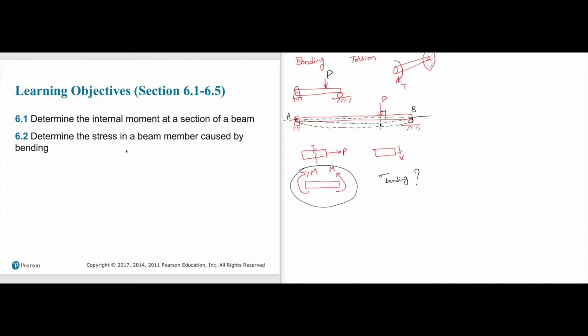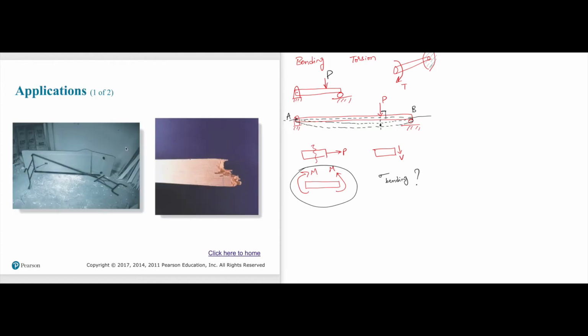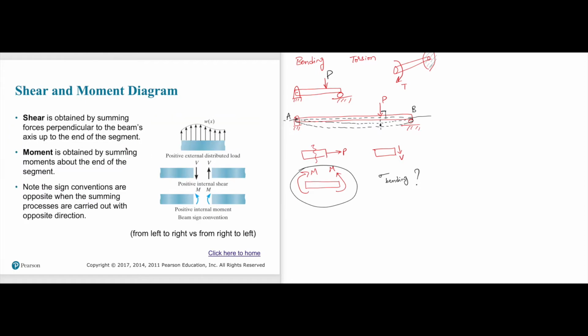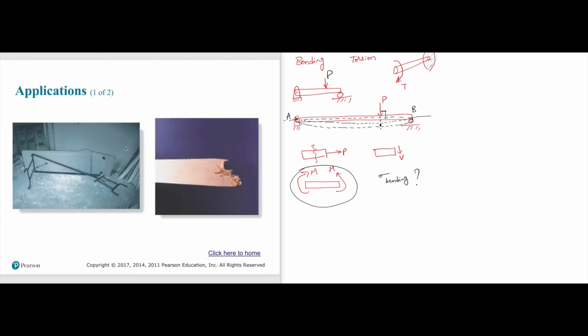So first of all, is this important? It is highly important because the majority of materials break due to bending. You see, when we travel, for example, you see this picture here. On the left, there's a table that broke due to bending. On the right, there's a wooden bar. It broke due to bending.